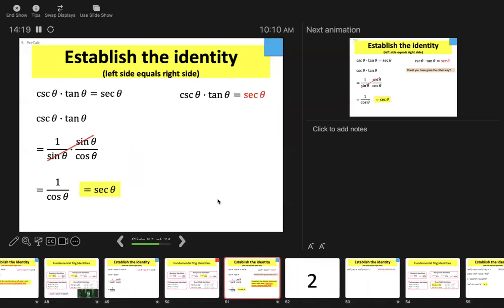This is as easy as it gets right here. I don't think anyone would ever have done anything other than this. You would have stumbled on the answer. If you mess with the other side, the secant, guess what the only thing you can do is? 1 over cosine, and you're like, well, what do I do now? It's really hard to work on the least complicated side and try to turn it into the most complicated side. Okay.